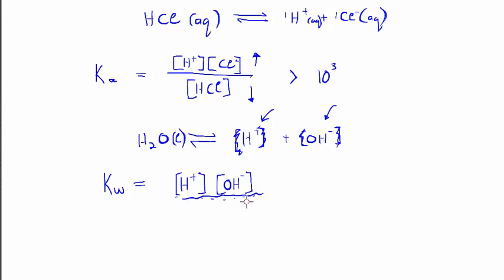Now remember again that the K value is constant. It's always constant for reversible reactions, related to temperature. Now at standard temperatures, that's 20 degrees Celsius. I think so, or 25.